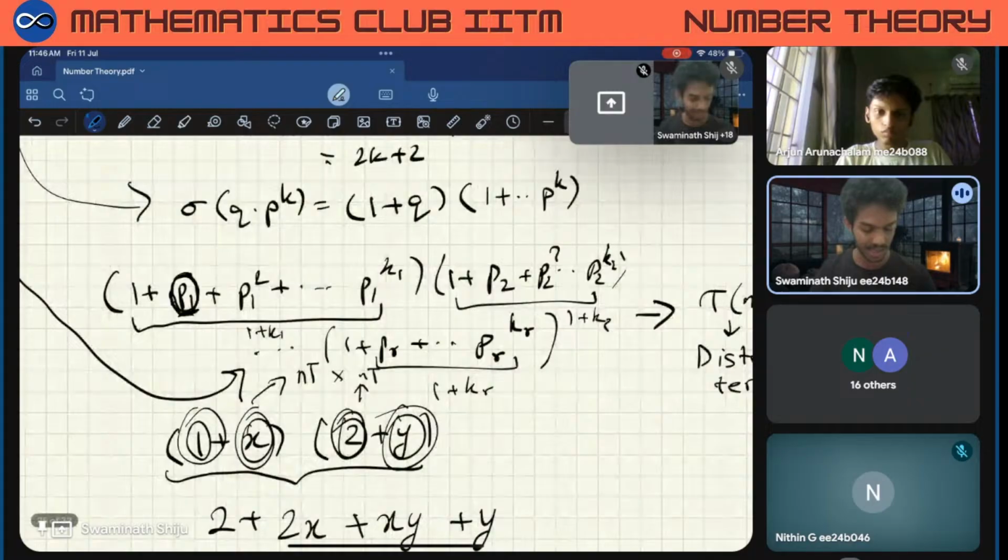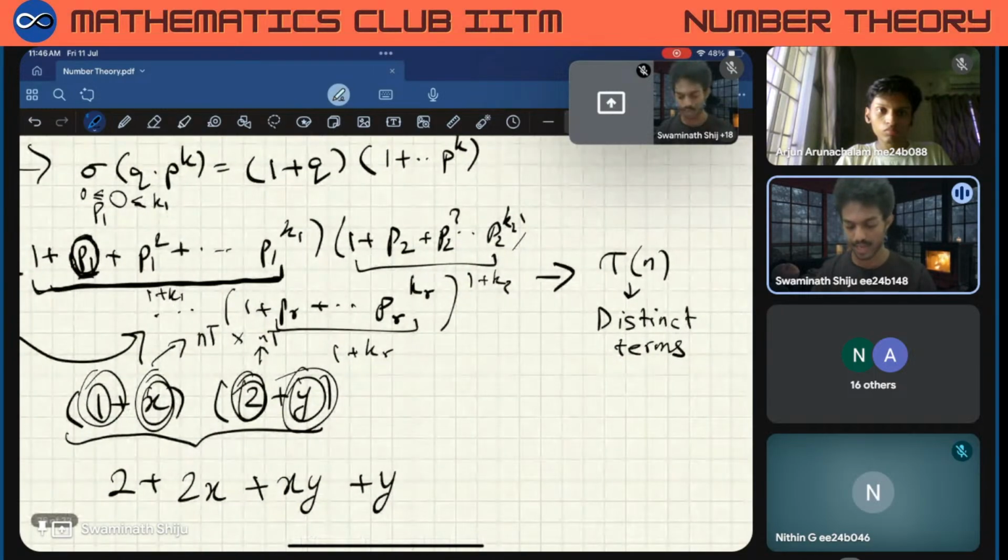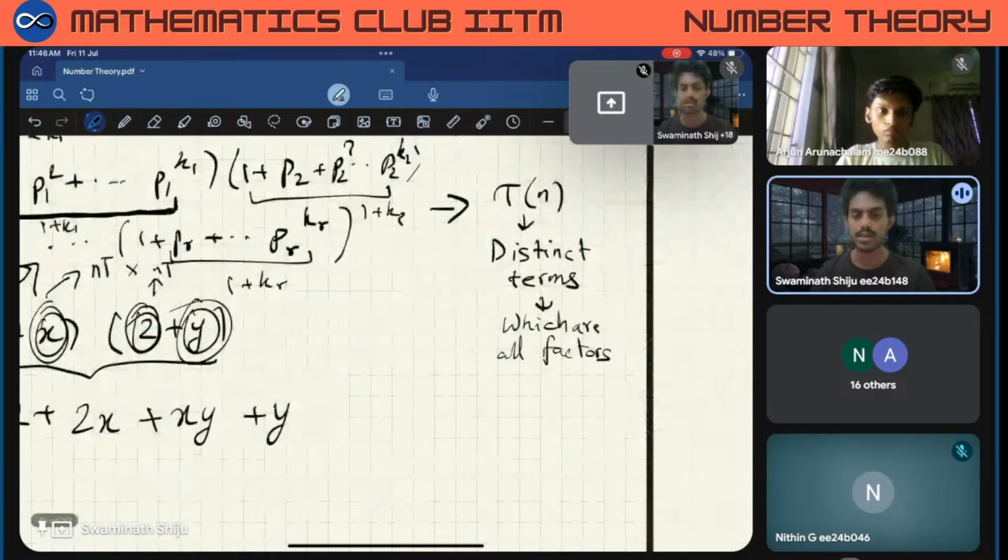Now when I pick a term from here, every term will have P1 power something. That something is greater than or equal to 0 and less than or equal to k1, which is our acceptable range for a factor. So we have tau n distinct terms, which are all factors. Now think about it.